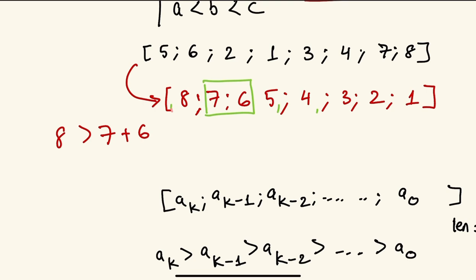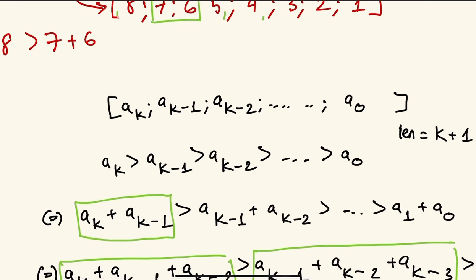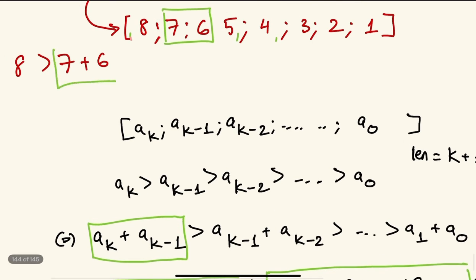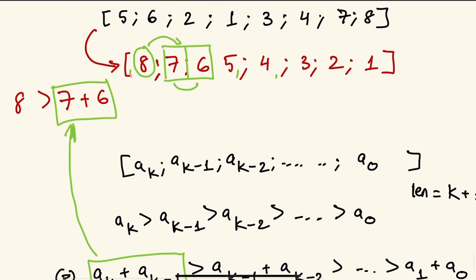Because this is in order, you can see here I have also proved it. The 7 plus 6 is the consequence of this. The sum of the pair that is directly next to the number is the largest sum.